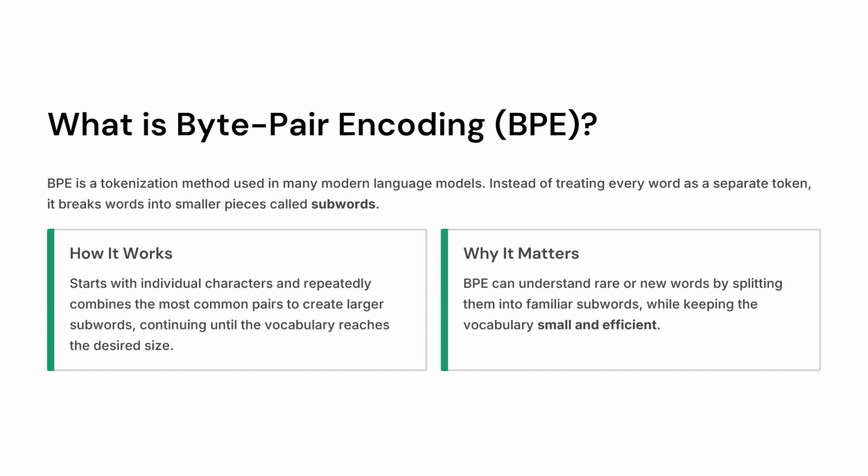After many such merges, it builds a vocabulary containing useful subwords that can efficiently represent both common and unique words. This allows language models to keep their vocabulary compact while still handling words they have never seen before.